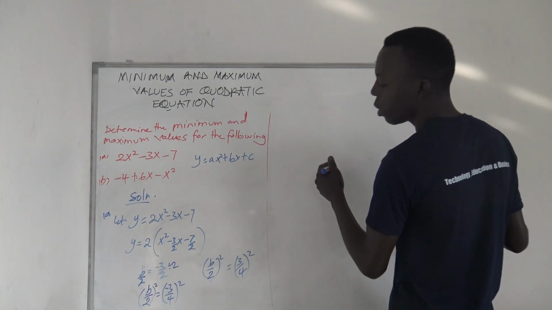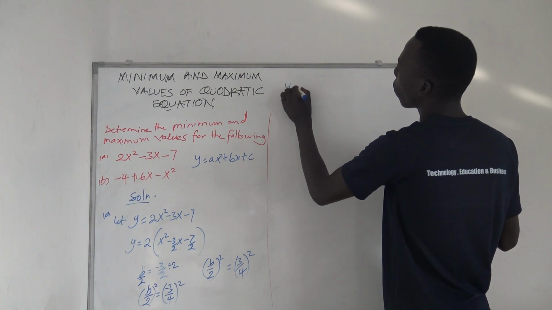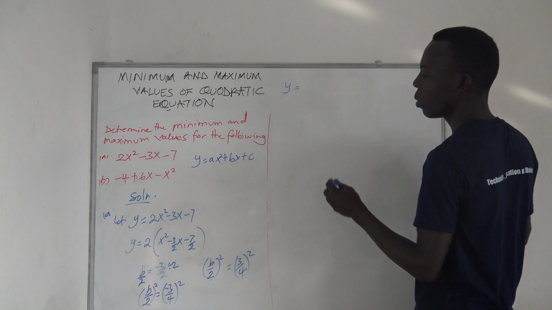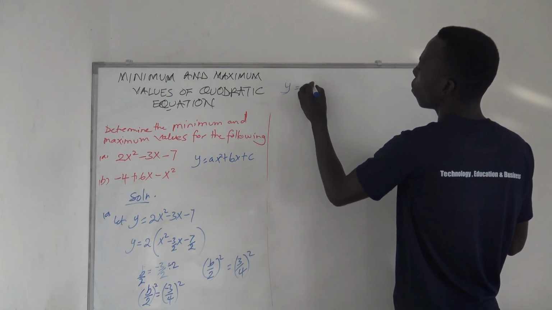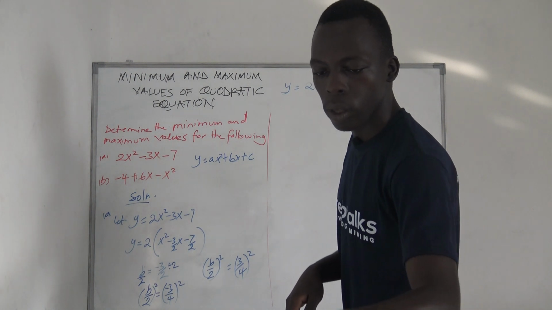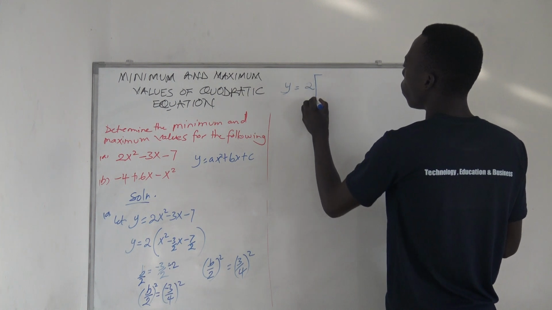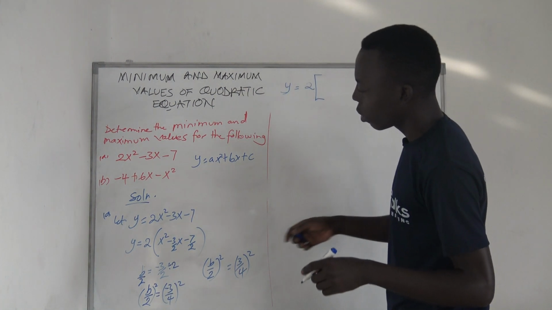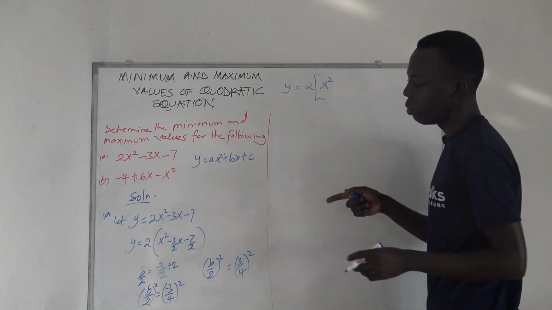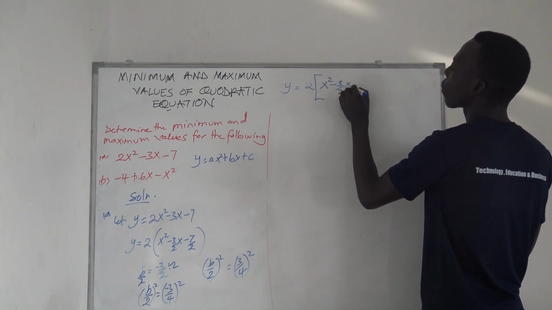So for that case, we shall have that our y equals 2 into, we are here introducing the other value, so x squared minus 3 out of 2 x.